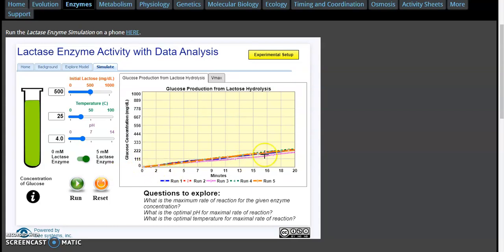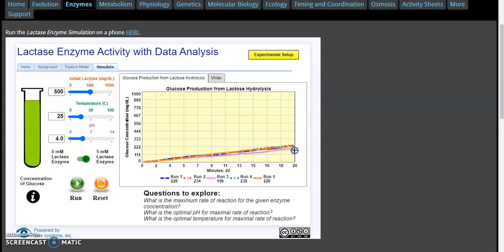So you can see a little bit of glucose was made after 20 minutes. So 0 minutes to 20 minutes. Let's see how much. Trial 1, 228. Trial 2, 234. Trial 3, 196. Trial 4, 238. And trial 5, 228.